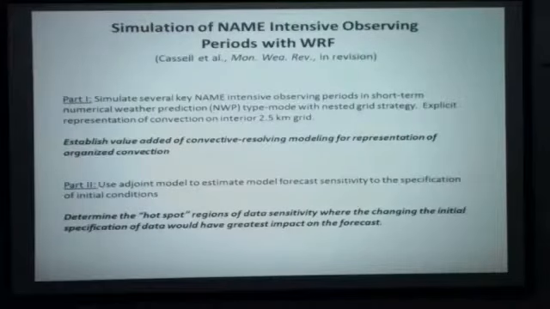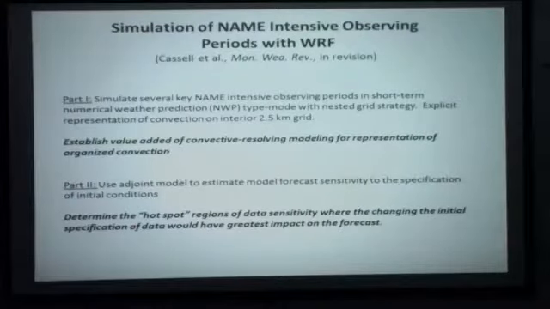We do that in short-term numerical weather prediction type experiments, using almost the same experimental design as what Jamie described in his presentation, with explicit representation of convection on the 2.5 kilometer interior grid. So we're shutting the convective parameterization off, with the goal of establishing the value added of convection-resolving modeling for organized convection. When I say value added, it's that you can explicitly see some semblance of an organized mesoscale convective system structure in the simulation.